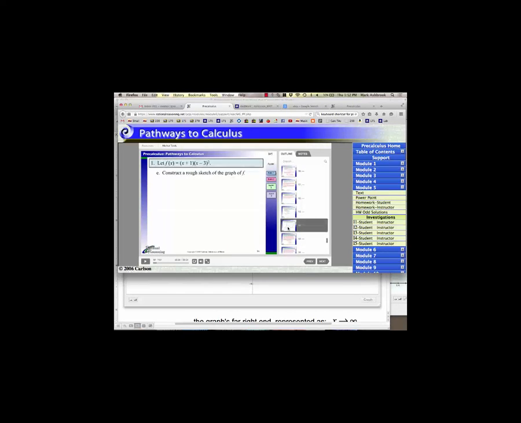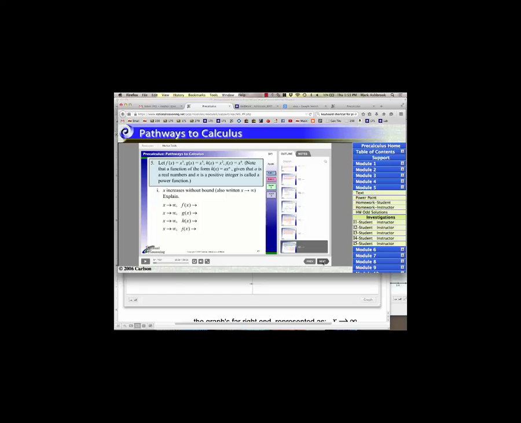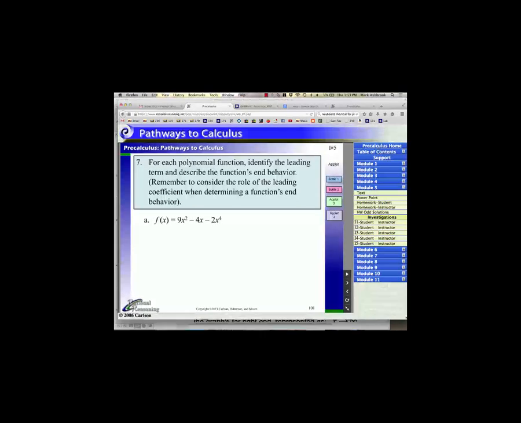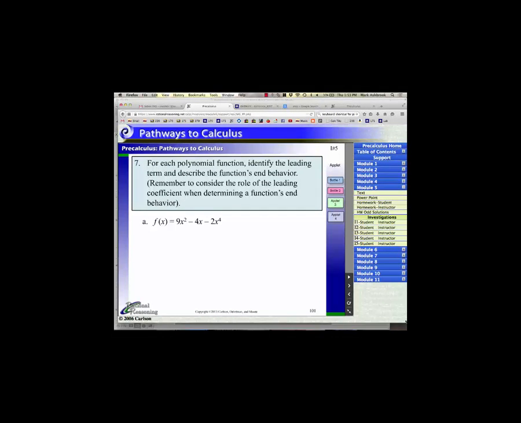All right, here we go. So number 7. What page? Someone find this. In module 5, investigation 5, number 7. Is it still that?